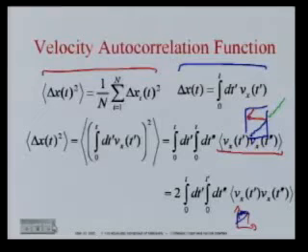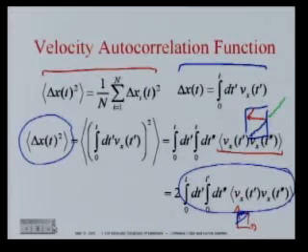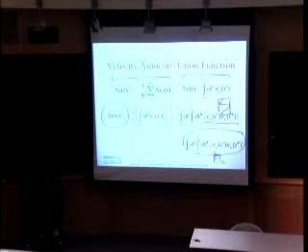Okay, so what we have achieved here is we have written this average mean square displacement as an integral of the average product between the velocity at a certain instant and the velocity at a different instant.